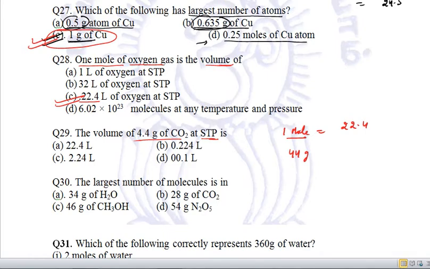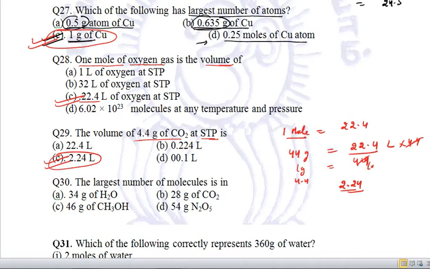So 44 grams of carbon dioxide will occupy 22.4 liters at STP. So applying the unitary method, 1 gram will be equal to 22.4 divided by 44, and 4.4 grams will be equal to this multiplied by 4.4, coming out to be 2.24. So 2.24, that means C will be our right answer to this question.